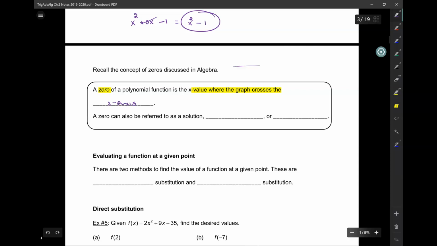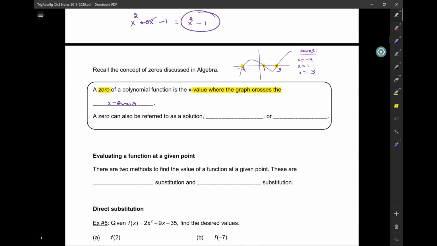So for example, if I have a function like this, the zeros of this function are all the points where it crosses the x-axis. So there are 3 places where this crosses the x-axis. That means there are 3 zeros. What are the zeros of this function? They are x equals -4, x equals 1, x equals 3.